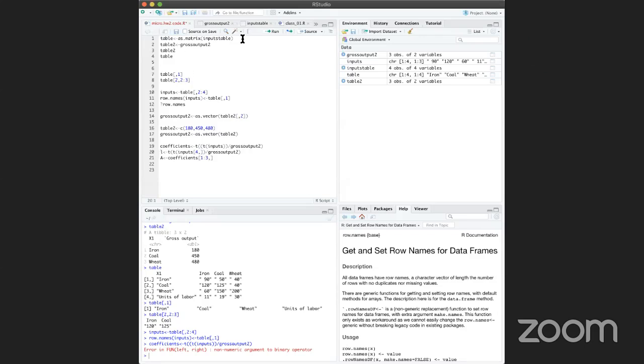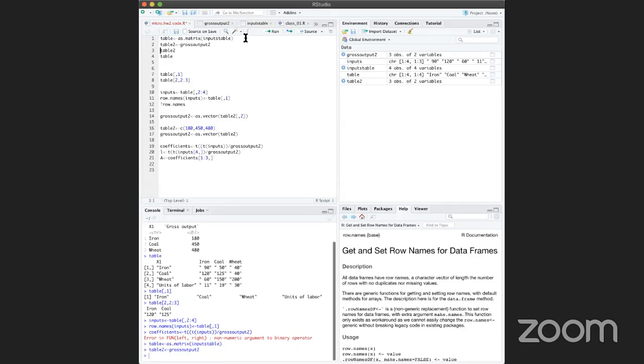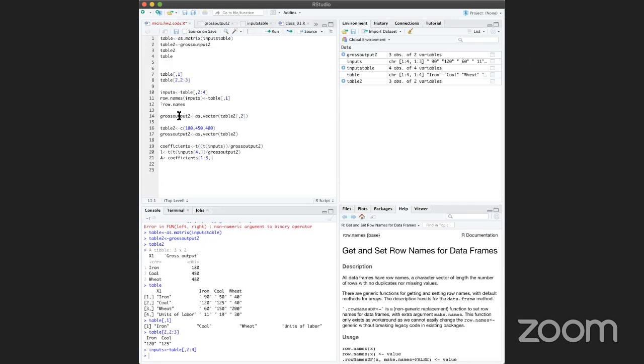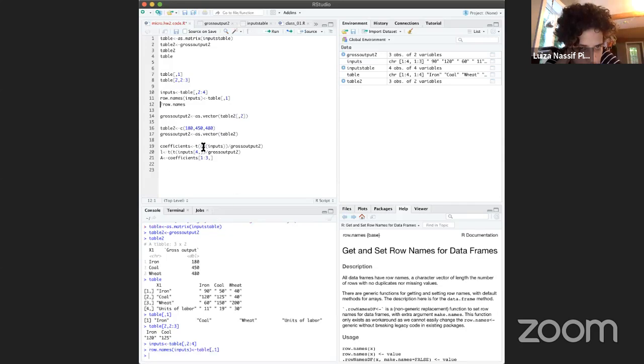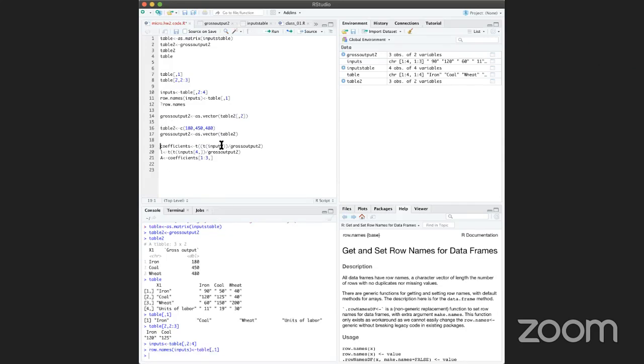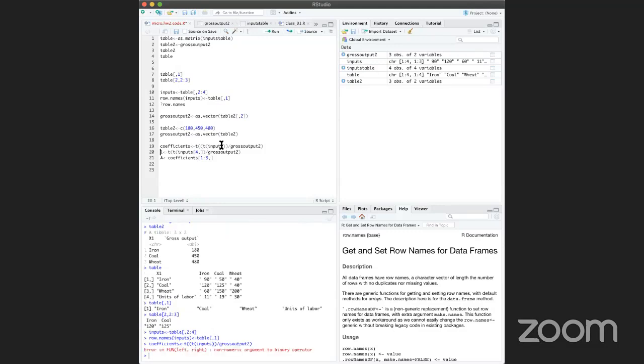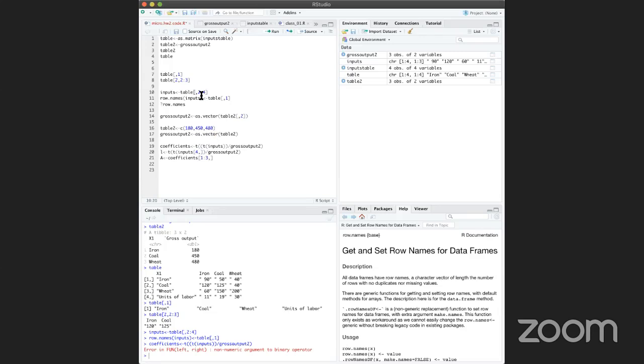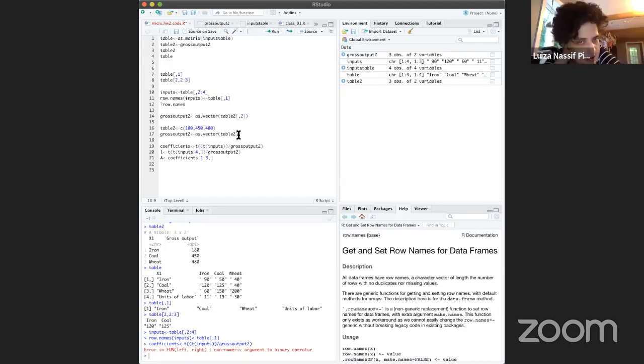So I'm able to run all of this. Yeah, you have the same. Okay, go ahead, continue. The row names for inputs works. But then this line doesn't work. So the inputs table at line 10, as matrix, do an as.matrix parenthesis.